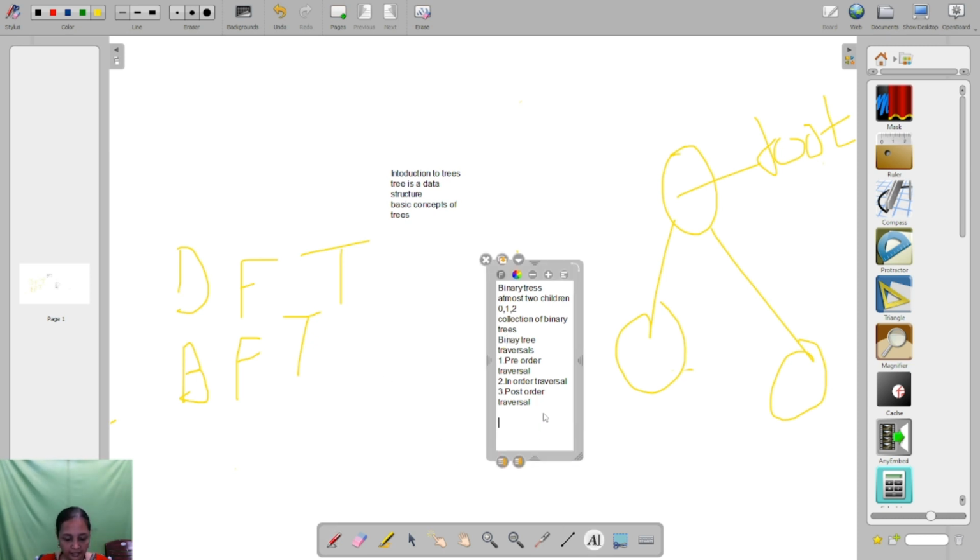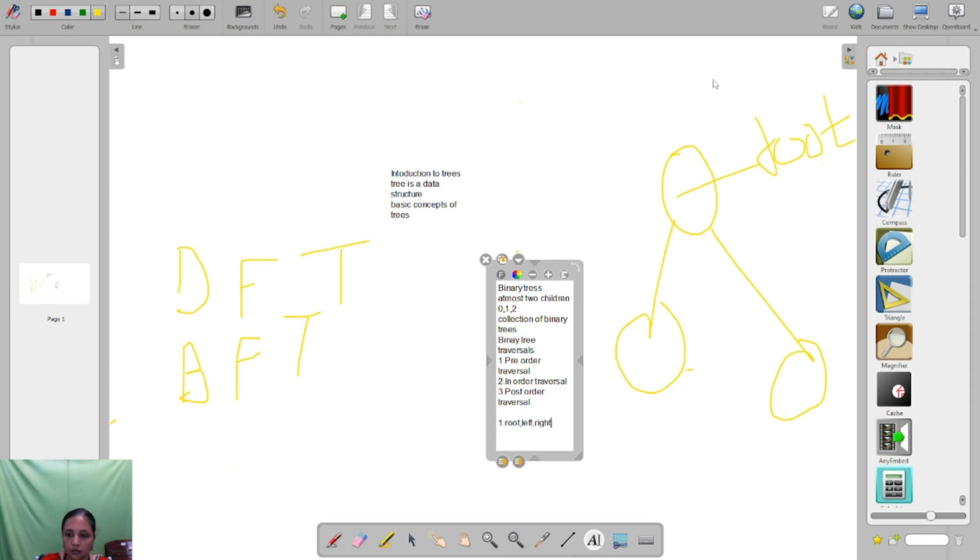First I take preorder. Pre means before, so the root comes first. The rule is: first root, the next one is left child, the third one is right.